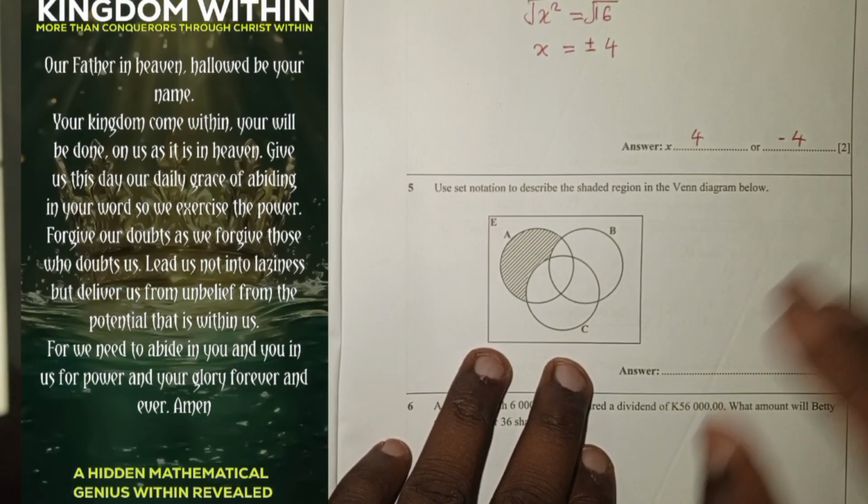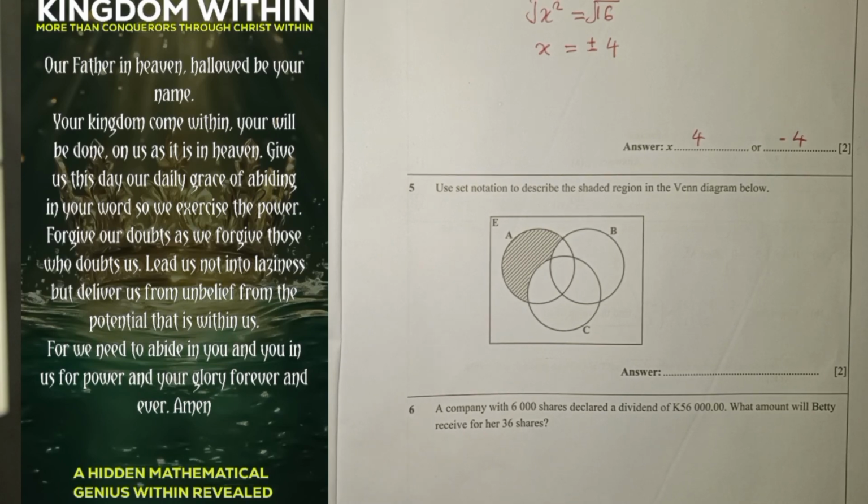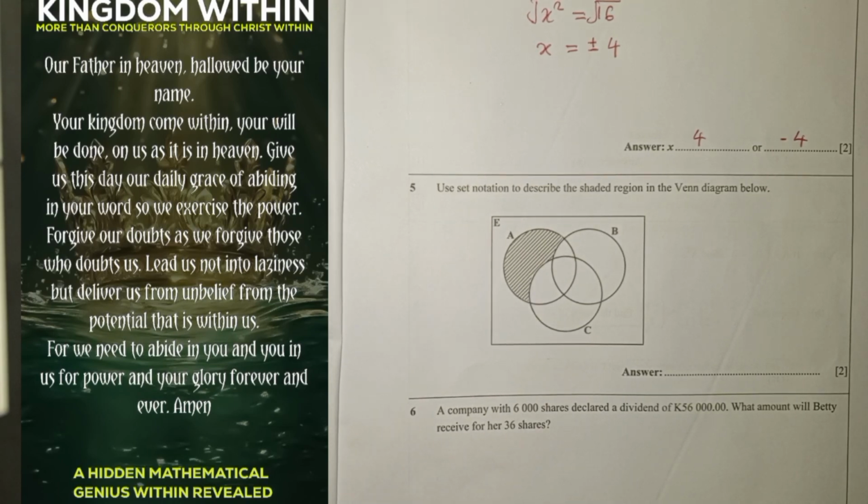Okay, question 5. Use set notation to describe the shaded region in the Venn diagram below. Okay, so if you look at this Venn diagram, we can see that only set A is shaded.